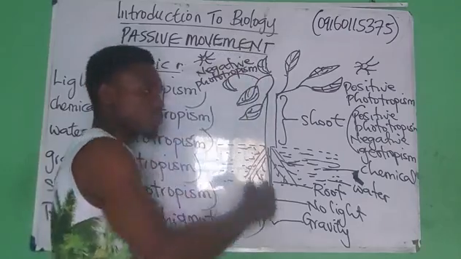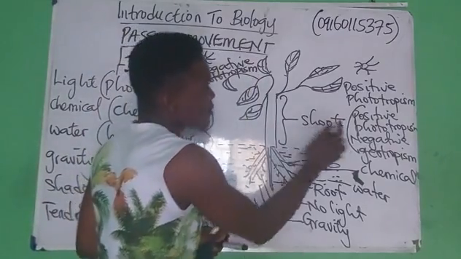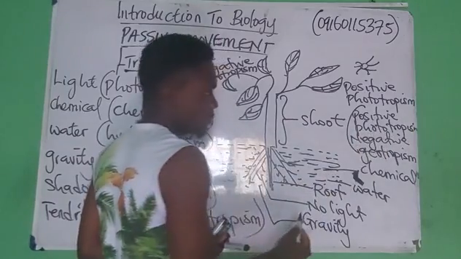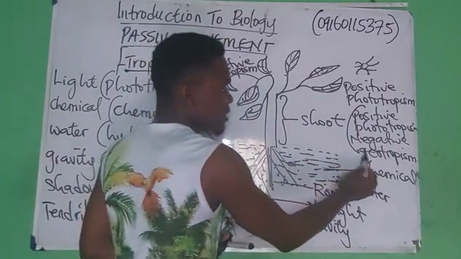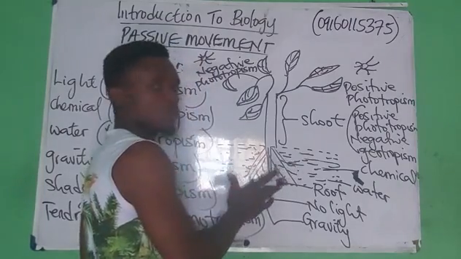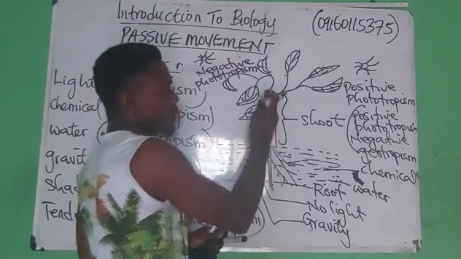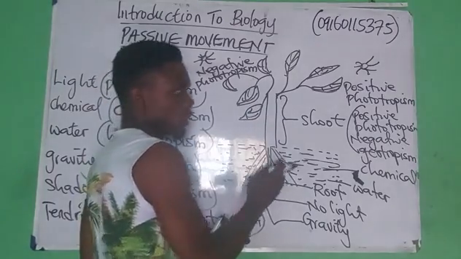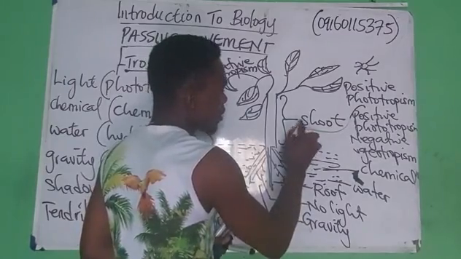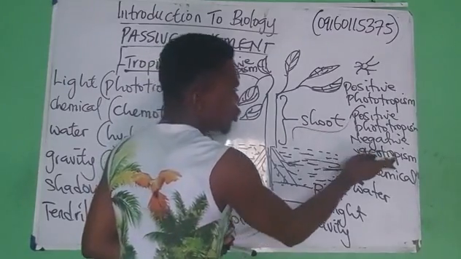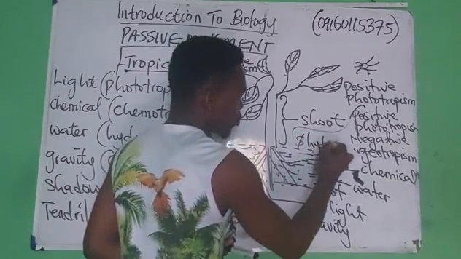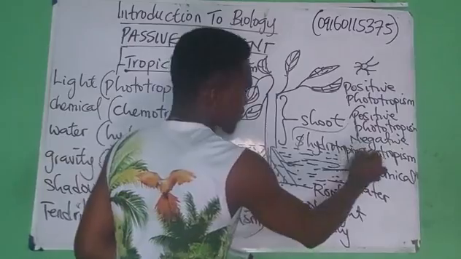You know that down is towards gravity, right? So the shoot of plants is positive phototropism, however negative geotropism. What about water? I think it's the region you have water. If the shoot is growing away from water, what does that tell you? It means that the shoot is negative hydrotropic.